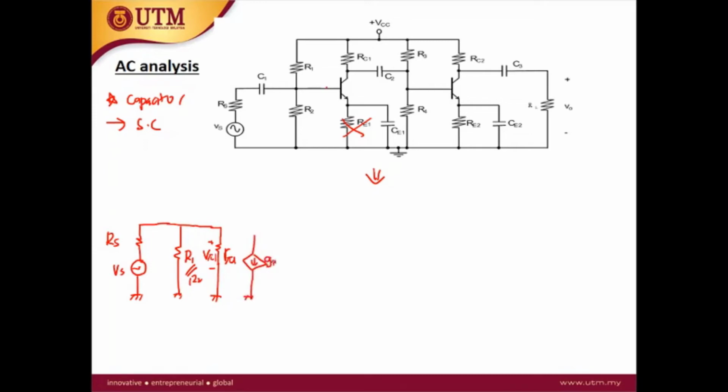This is gm1 V pi 1. At the collector, you have the RC1, and it will also have a connection to the next stage. At the next stage, we have the parallel of R3 and R4.